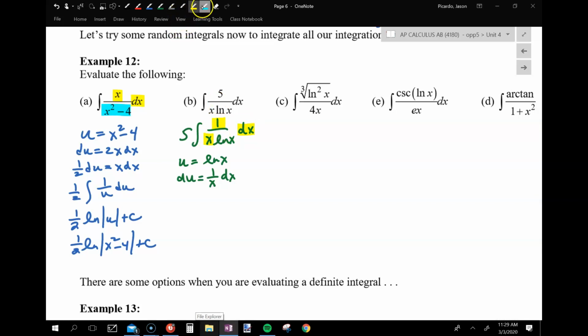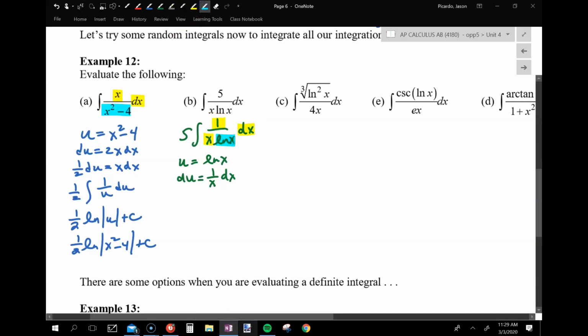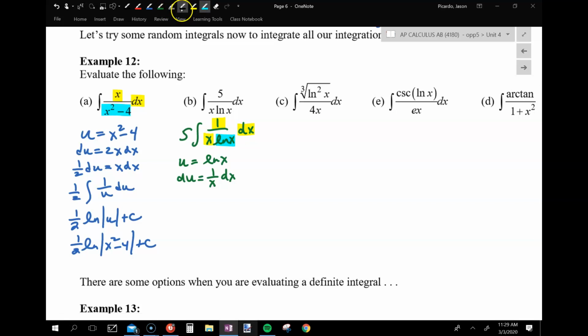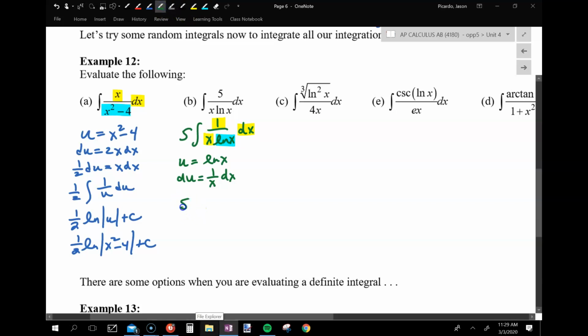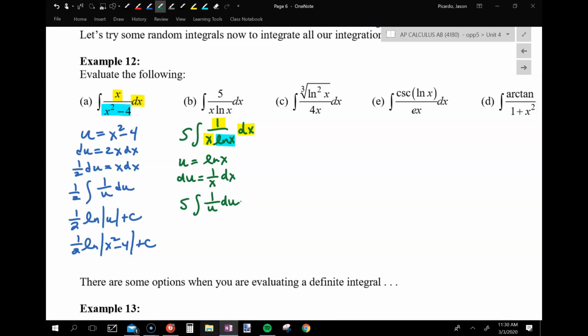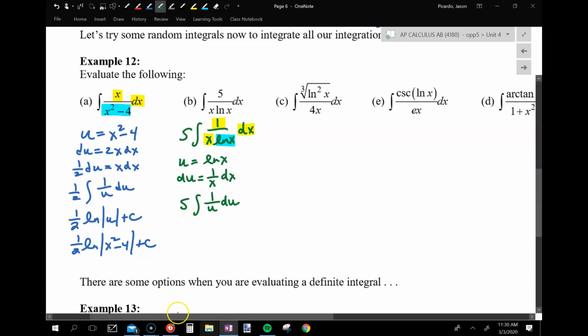And here's my u, right? So what is this going to look like? It's going to be 5 integrals of 1 over u du. And it's the exact same problem that we just did, isn't it? So it's 5 natural logs of this.